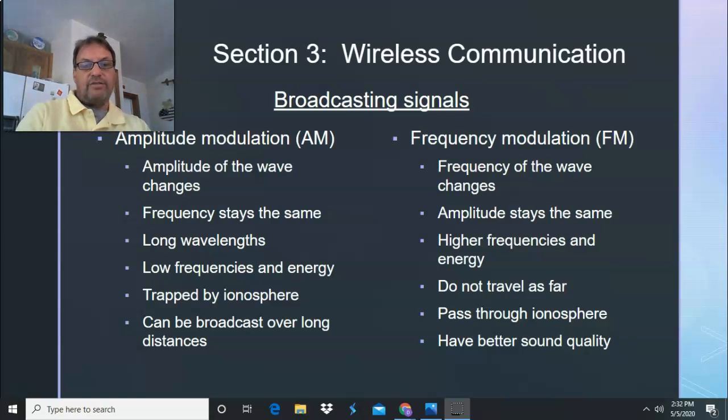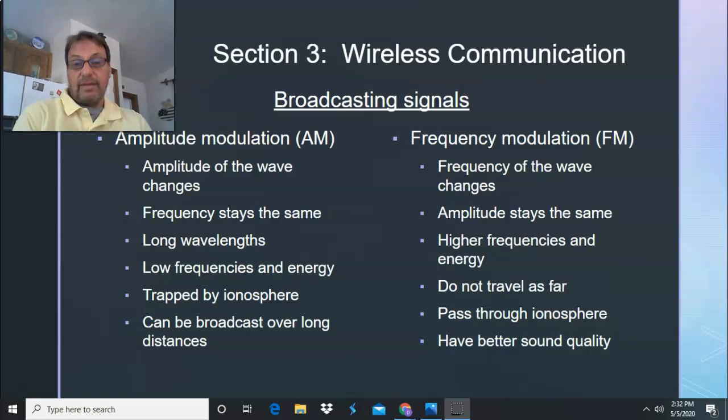These waves actually have such a low energy they cannot penetrate our atmosphere, and so they will bounce off of the atmosphere. And that's why these AM radio waves can be picked up a long way away. They can travel long distances. They don't have a lot of clarity to them. But like I say, they are trapped by the ionosphere, and they can broadcast over long distances.